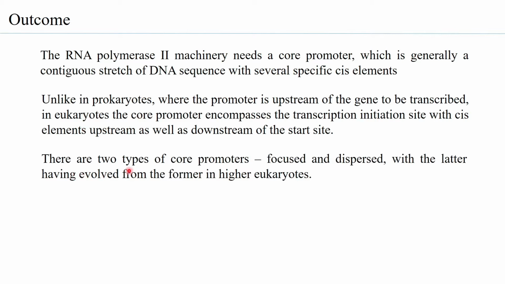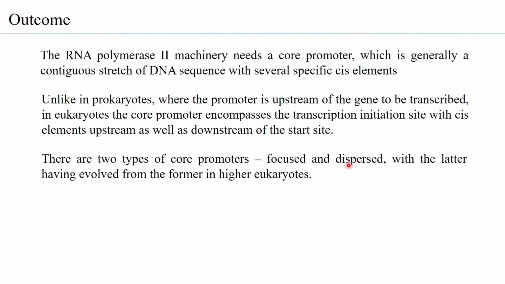There are observed to be two types of core promoters for RNA polymerase II, and that is focused core promoters and the dispersed core promoters. Focused core promoters are considered to be ancient. When you say ancient, that means that they may have come first, and from these focused core promoters may have evolved the dispersed core promoters.